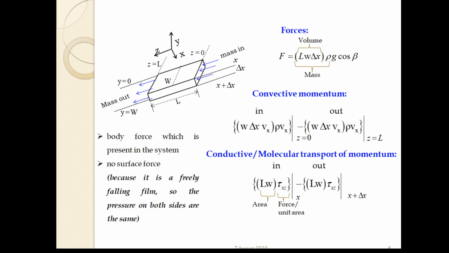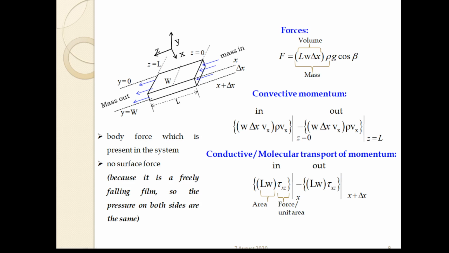Fz equals a double integration. The first integration is for z, with limits from 0 to L, and the next integration is for y, from 0 to W, with tau xz at x equals delta.